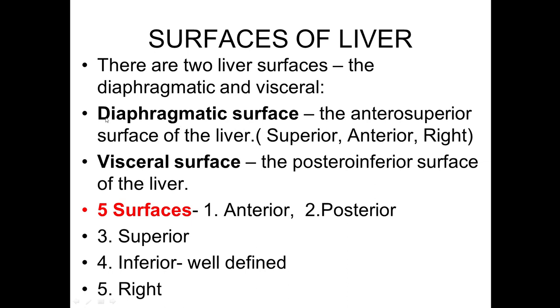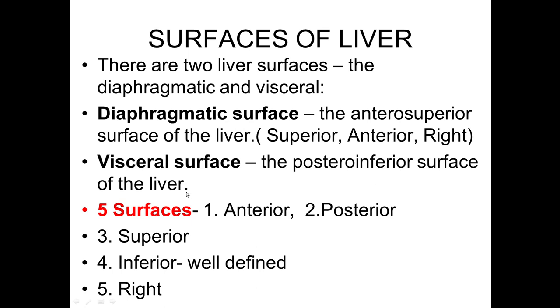The diaphragmatic surface is the anterosuperior surface of the liver. It is constituted by the superior surface, the anterior surface and the right surface of the liver. While the visceral surface of the liver is the posterior inferior surface.